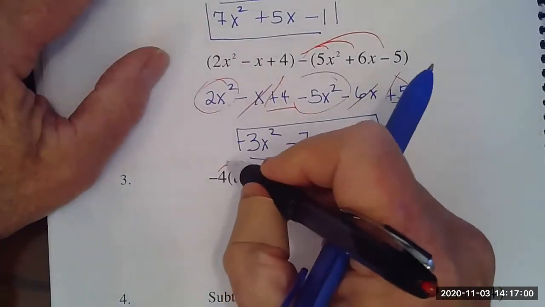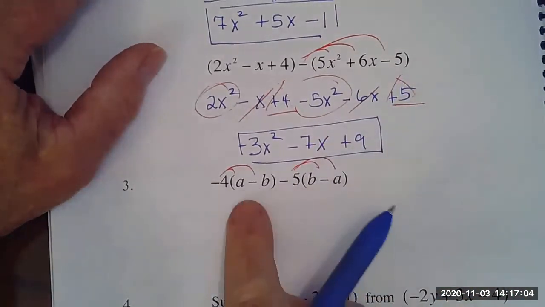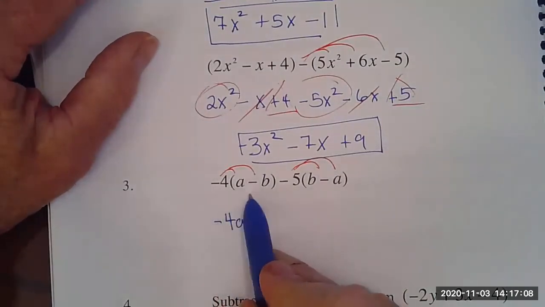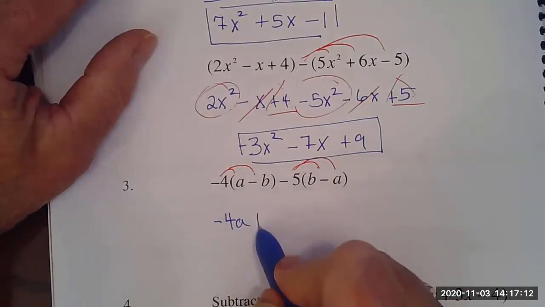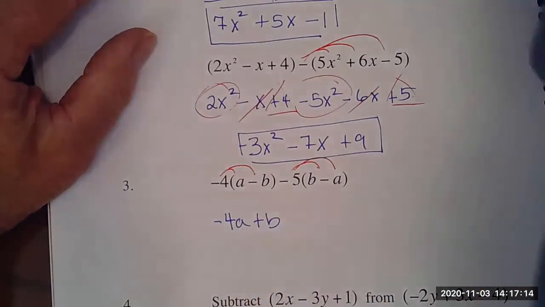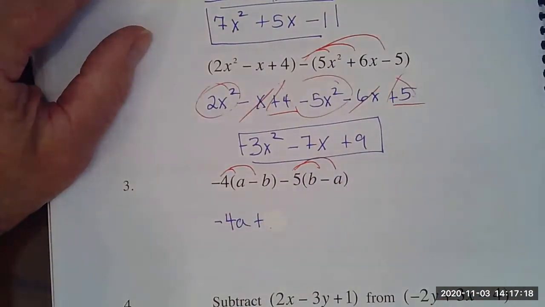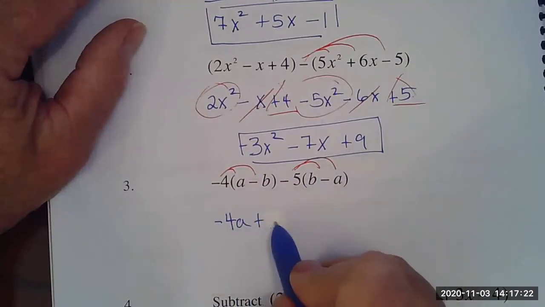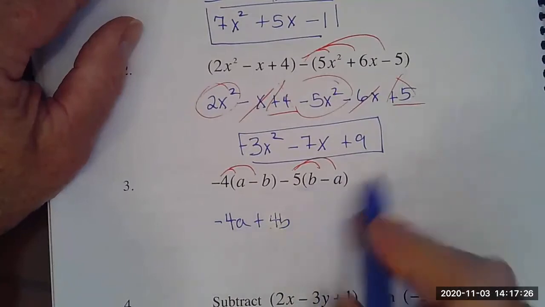Similarly, I should distribute the 4 and the -5. So -4 times a, -4a, -4 times -b. 2 negatives make a positive. And I have to make that a 4b. Careless mistake on my part. So do that again. -4 times -b is positive 4b. -5b.